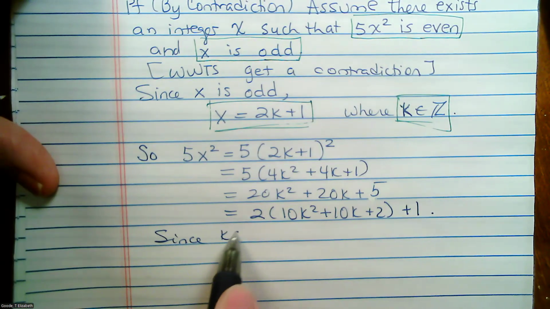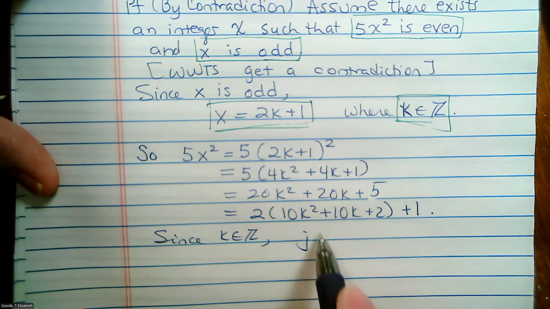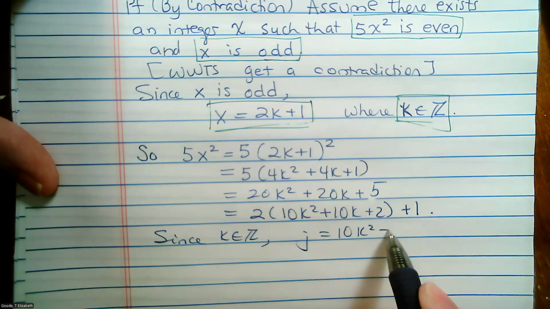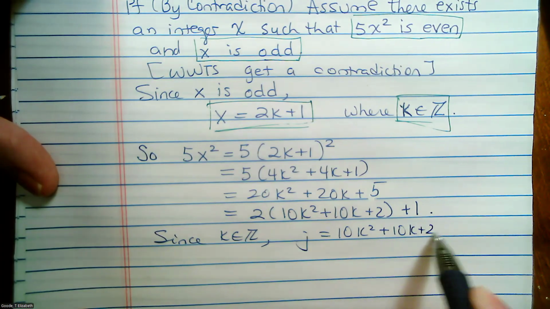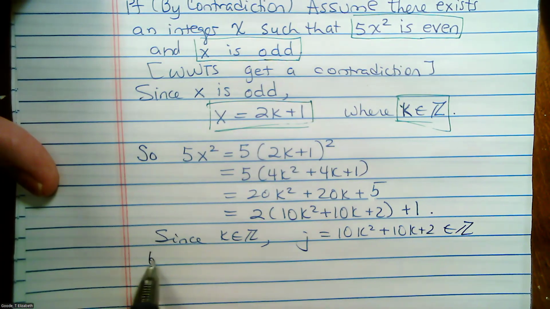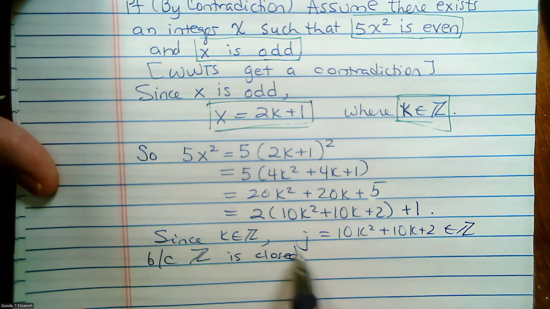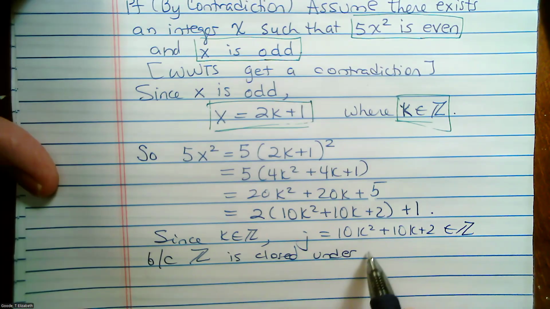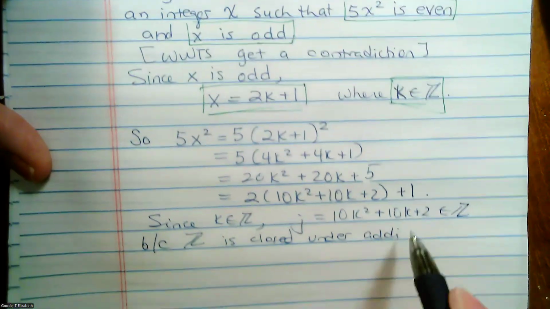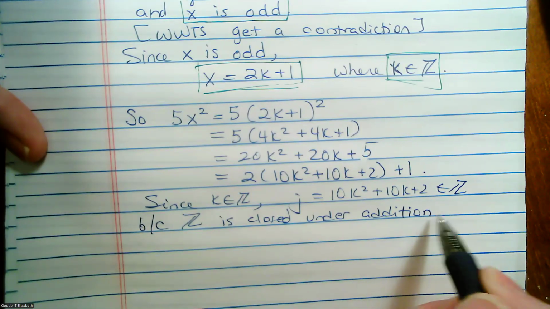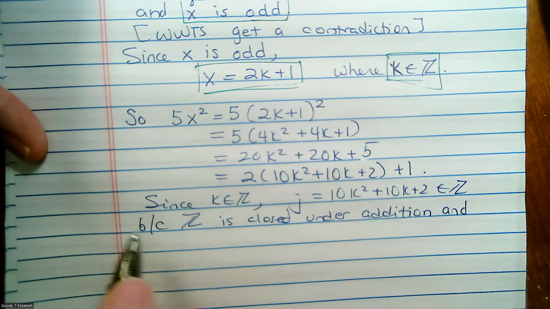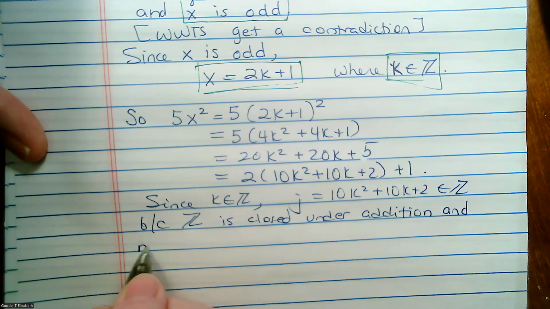Right? And since k is in Z, j equals 10k squared plus 10k plus 2 is in Z because Z is closed under addition and multiplication. That's another way to say that sums and products of integers are integers.